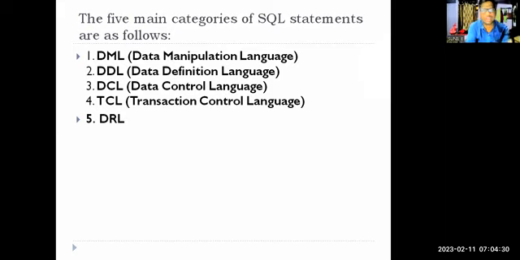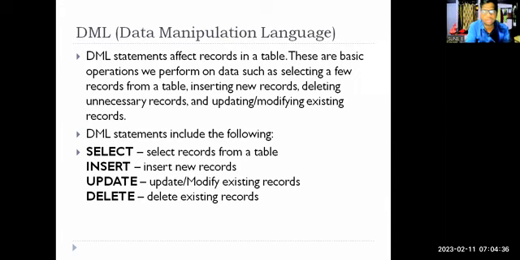I will explain these languages one by one, so listen carefully. Okay, next, DML. DML means data manipulation language. Its statements affect the records in your table. When you are using this language, the statements will affect the records in the table you created.